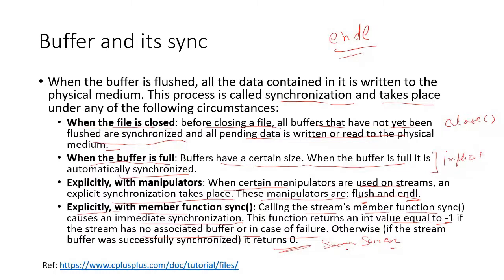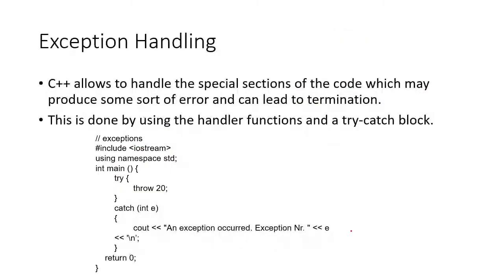Now let's move to another topic, which is exception handling. C++ is such a beautiful language, and such a beautiful addition over the C constructs, that it allows us to handle special conditions in the code, generally in a logical context, which may produce some sort of error and can lead to unexpected termination of the program.